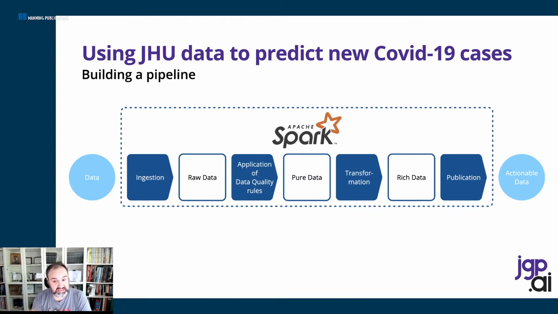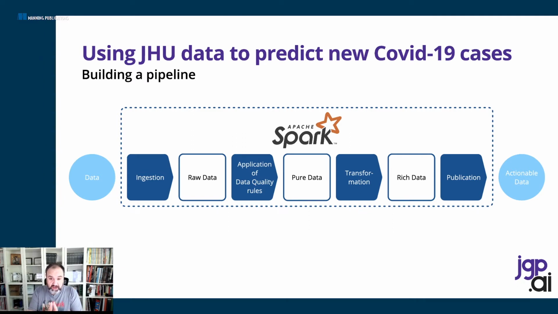We are going to ingest this data in Apache Spark, and that's going to be our raw data. That's the data as it's ingested, as it's there. Synonyms for raw data could be staging zone, landing zone, bronze zone, or even the swamp zone in the case of a data lake.